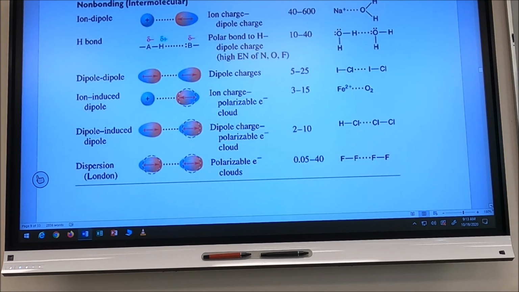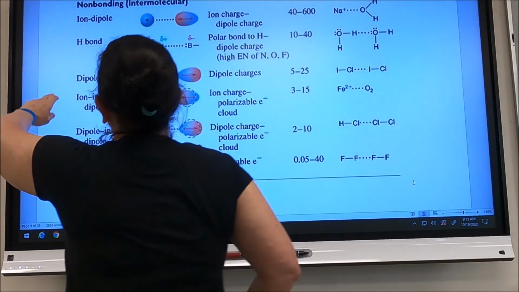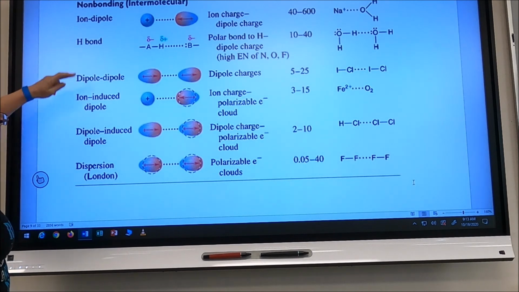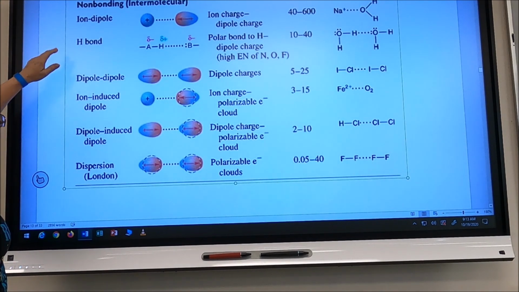The non-bonding intermolecular forces then are our ion dipole, our hydrogen bonding, our dipole-dipole, ion-induced dipole, dipole-induced dipole, and the London force. Ion dipole, hydrogen bonding, and the dispersion or London force, those 3 can be seen between like particles and between unlike particles.